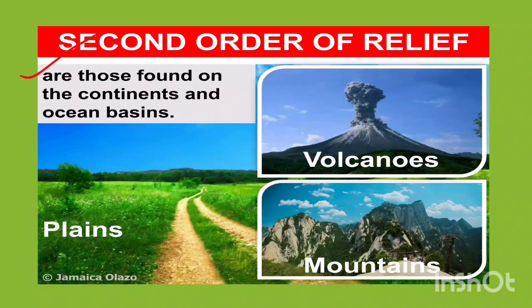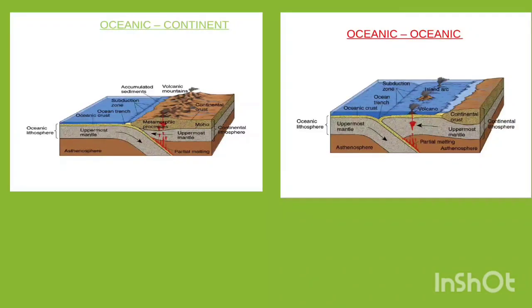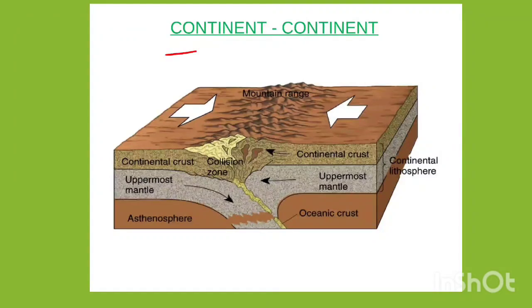Second order relief features are found on ocean basins and continents. The relief features which are formed on the oceans, ocean basins and continents are called your second order relief. What are the examples? Your volcanoes, mountains, plains, these are basically second order relief. We can also say that oceanic-continental movement and continental convergent movement of plates are responsible for the forming of these volcanic activities, plateaus and plains.